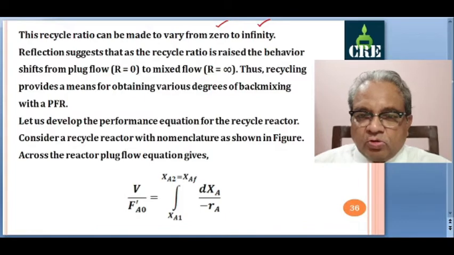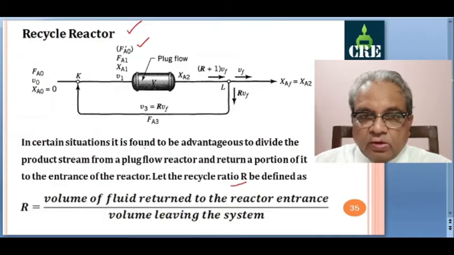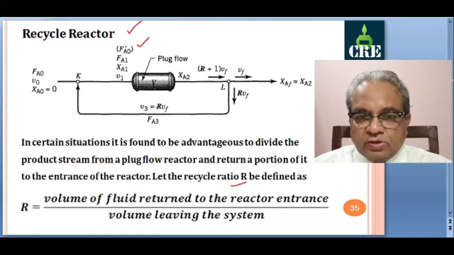Now we'll develop the performance equation for the recycle reactor. Consider a recycle reactor with nomenclature as we have discussed already, shown in the figure. Across the reactor, if we write the plug flow equation, V by FA0 prime. Why FA0 prime? This is actually entering the reactor, where FA0 is our feed stream. With this, FA3, the recycle stream, is mixing, and this is denoted as FA0 prime.